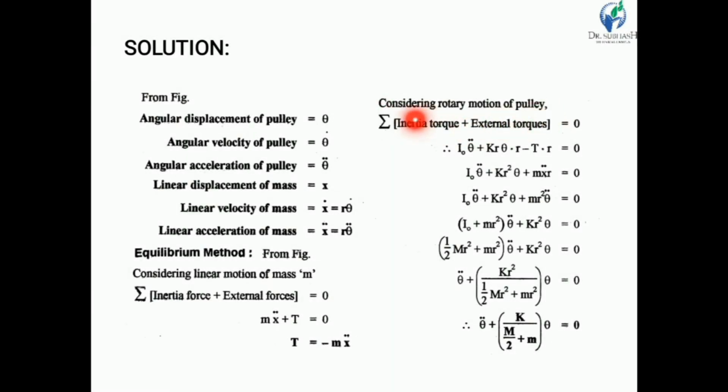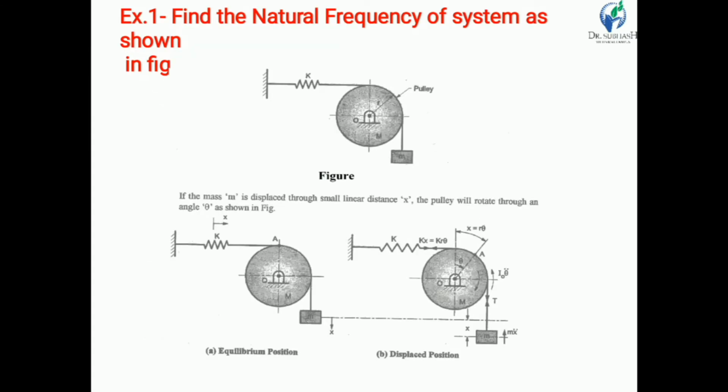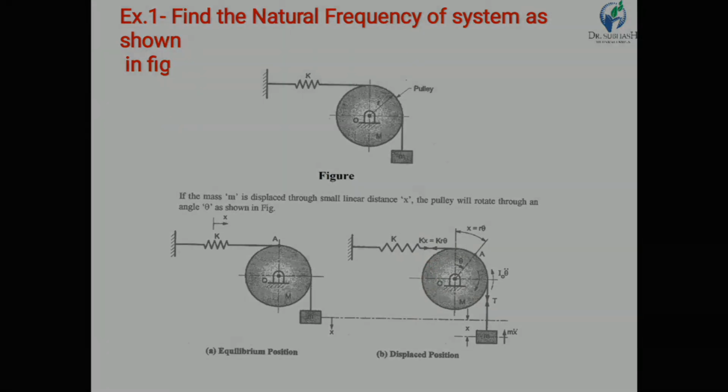Considering rotary motion of the pulley: here we considered linear motion, now we consider rotary motion. According to the D'Alembert principle, the summation of inertia torque plus external torque is 0. Then our system is in equilibrium. The inertia torque always acts opposite to the motion.